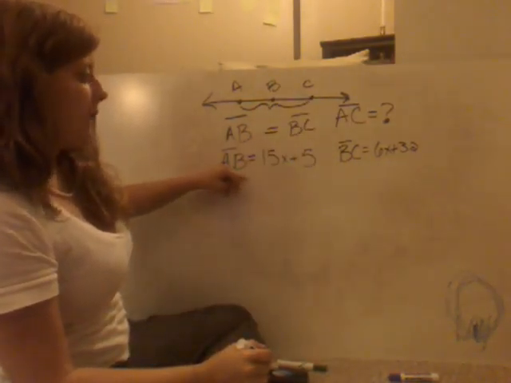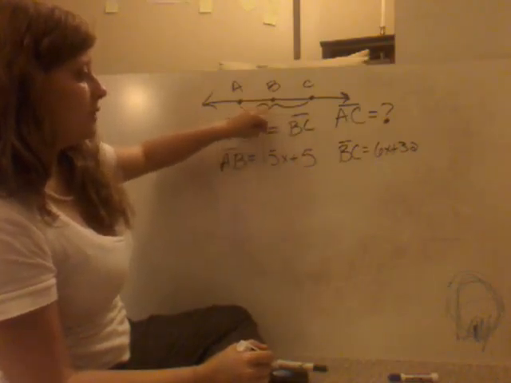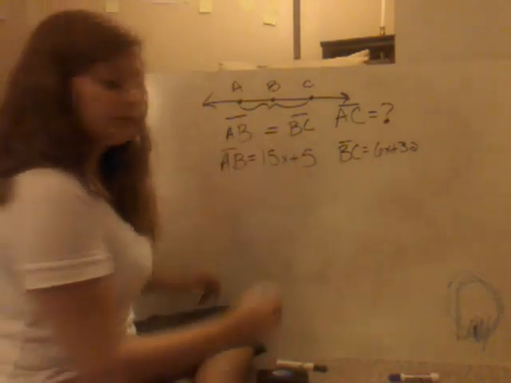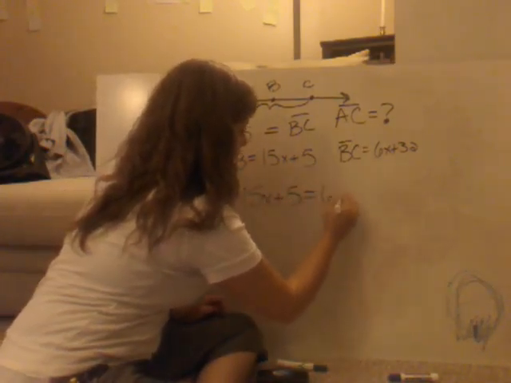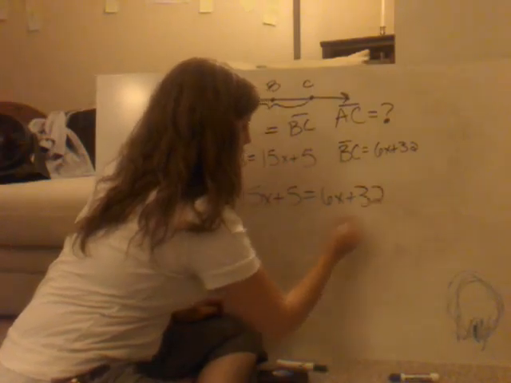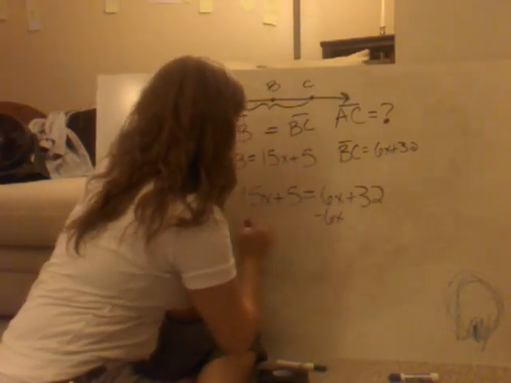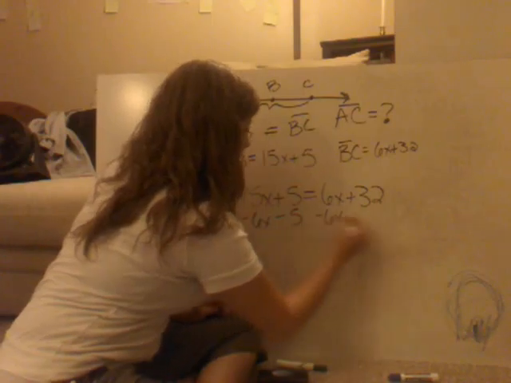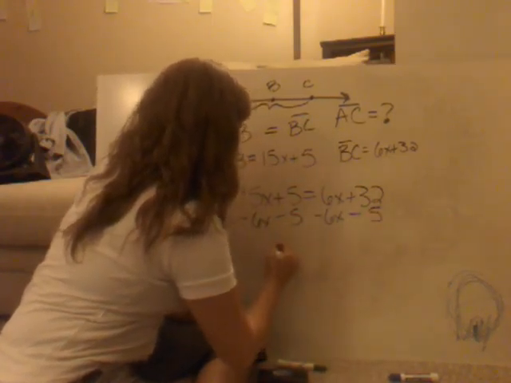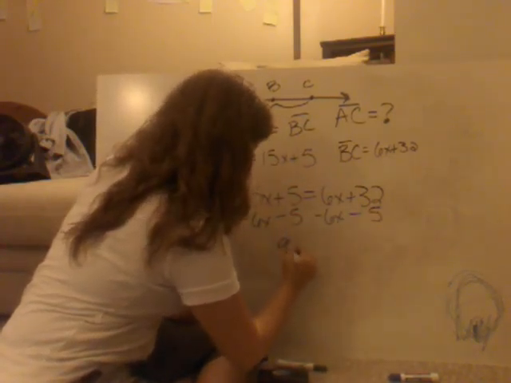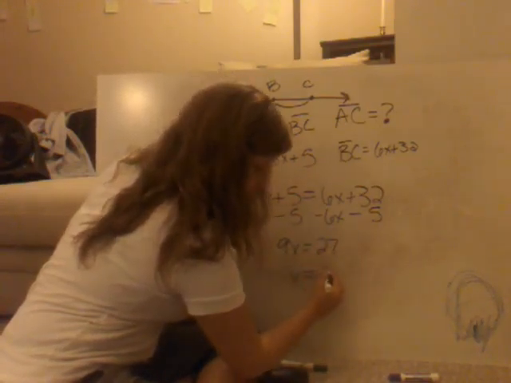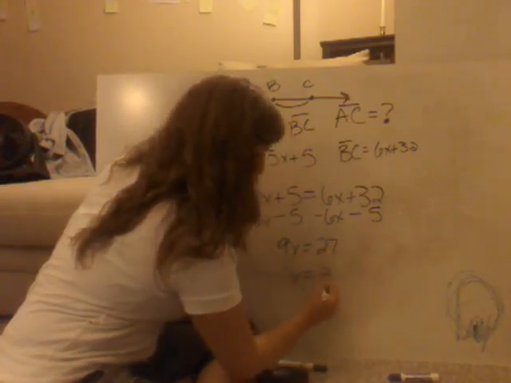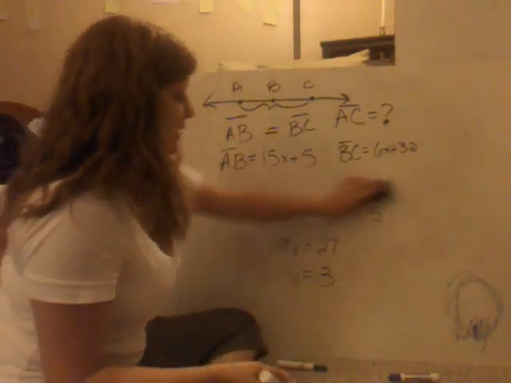So we're going to set AB equal to BC, because I've already told you that they're equal amounts. I'll do my math. I'll subtract my 6x. I'll subtract my 5 to the right. So now I have 9x is equal to 27. X is equal to 3. I plug that back in. I'm going to erase this bottom part now.